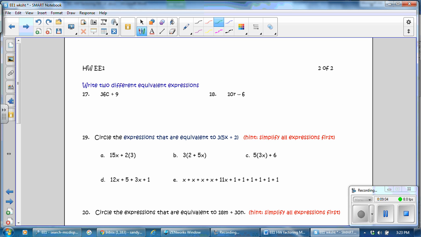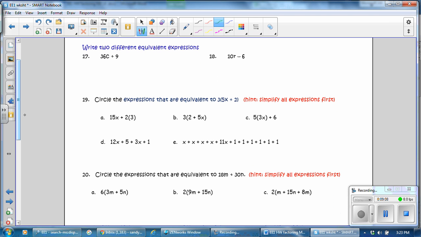Write two different equivalent expressions. So we're going to do number 18 next, and there are a couple of different ways that I could go about solving this problem. I can factor this expression to write an equivalent expression, or I could also break down one of the terms into a sum of those terms. So we'll go ahead and do both. The first thing that I can do is divide by the greatest common factor. The greatest common factor of 10 and 6 is 2.